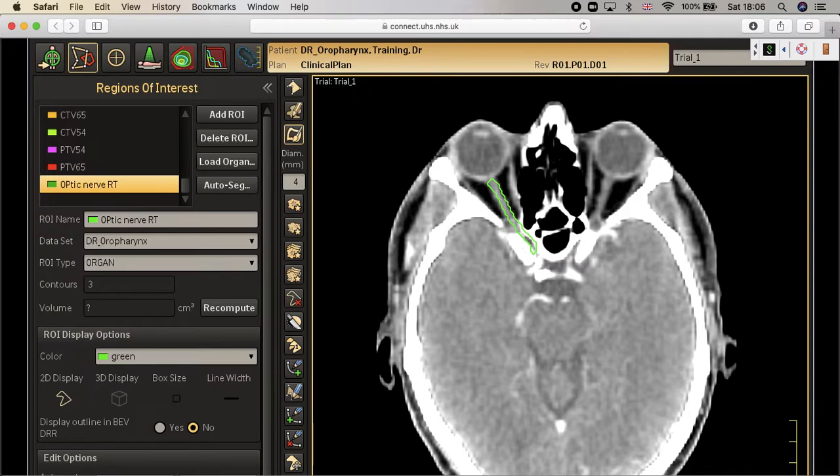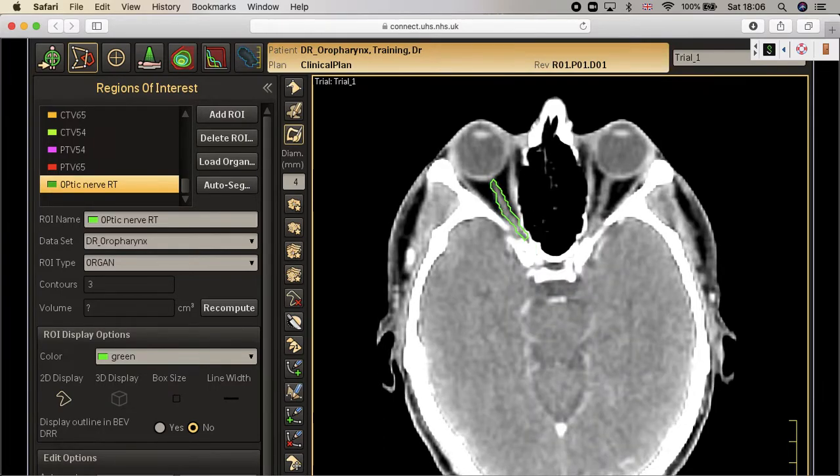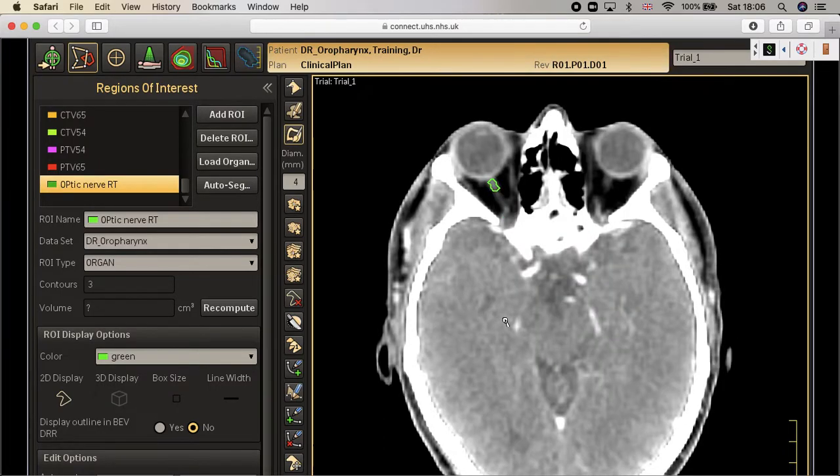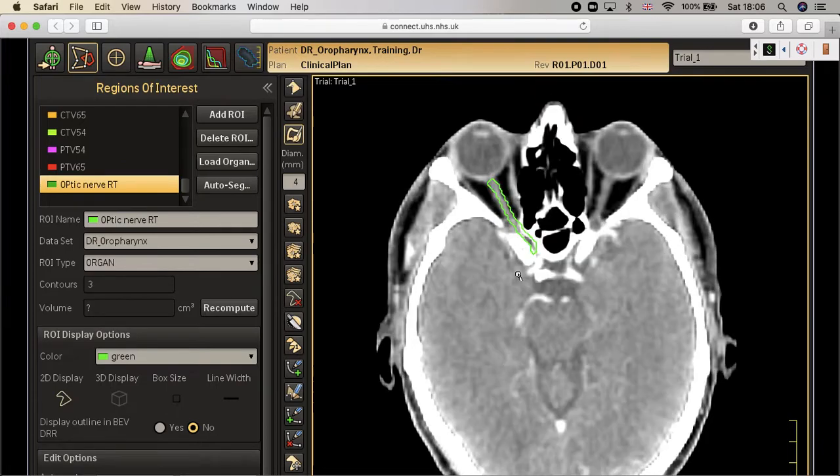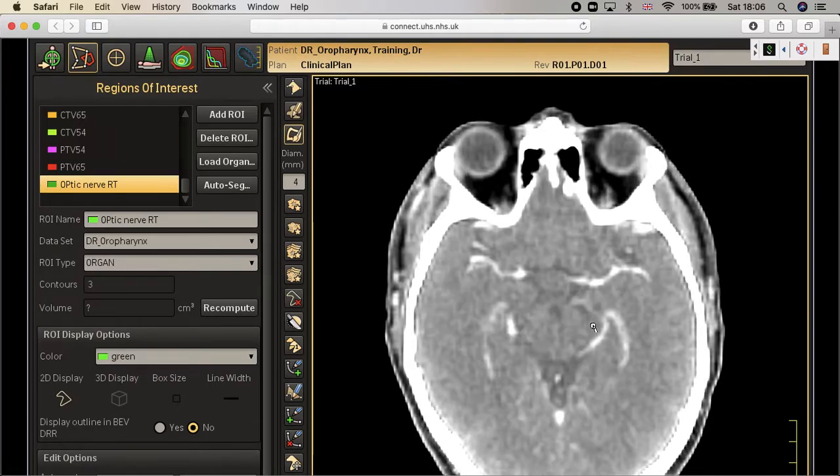I do believe that at a certain point we will have an artificial intelligence computer that will draw the target volume for us even better than us, and we'll just have to maybe modify it, and we don't have to spend ages doing risk structures or drawing the target volume anymore. So artificial intelligence is coming, and please think about it if you are thinking about a new project to do.